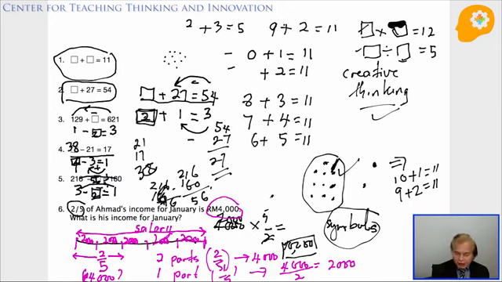So in other words, first you take 4,000 over 2 to get one part. Then what do you think? Instead of adding all these, 2,000, 2,000, 2,000, you will multiply by 5.